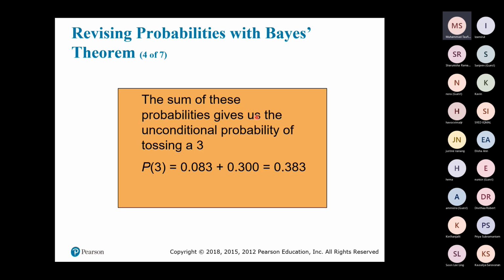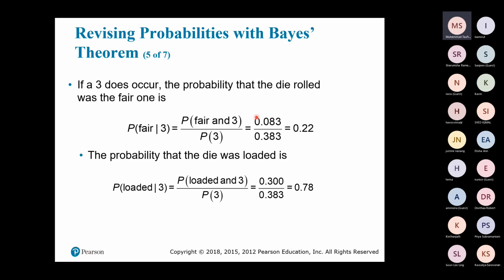Probability of getting 3 from normal dice and also loaded dice is 0.383. So just divide 0.083 divided by 0.383.